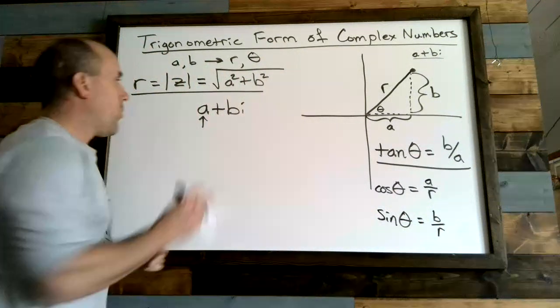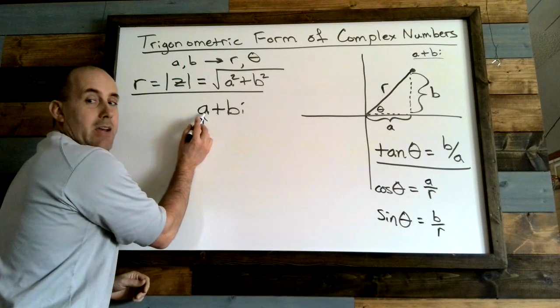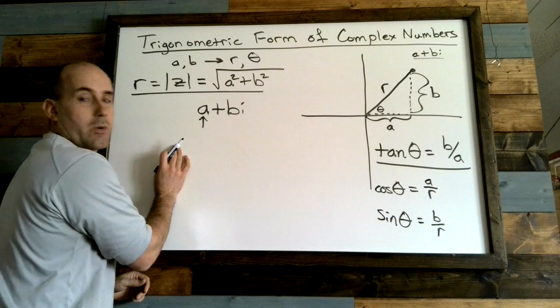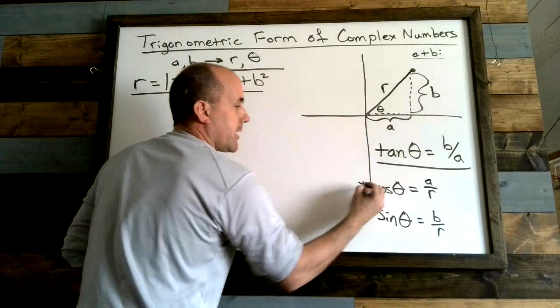Well, if we want to get rid of this A and put something else in its place, we need to know what A equals. Well, look at this guy right here.